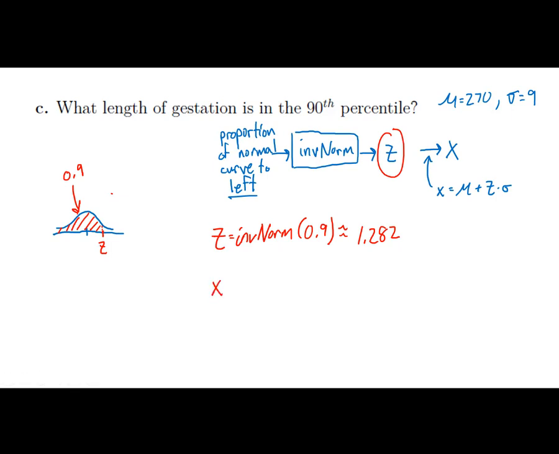So x is equal to 270 plus the z-score 1.282 times the standard deviation of 9. And when I put that in my calculator, I get about 281 and a half days.